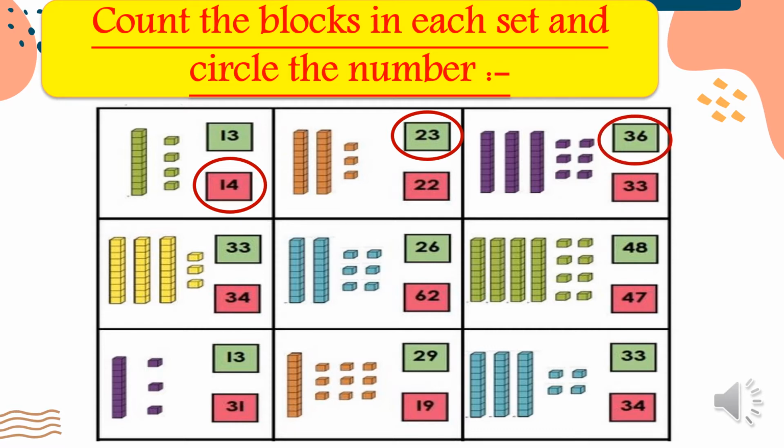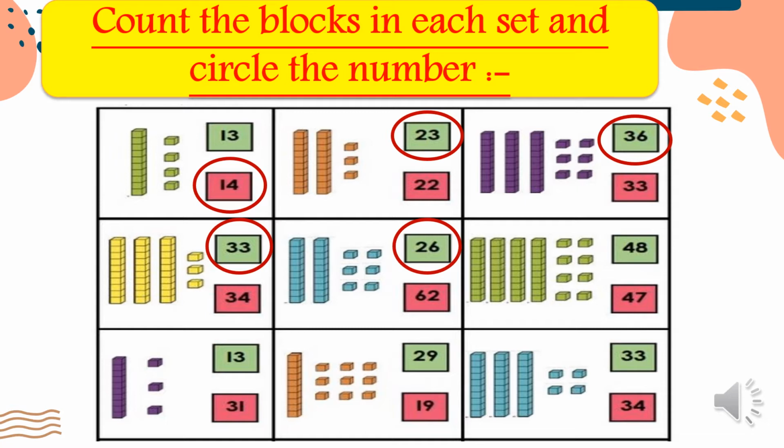Next, I have here 1, 2, 3 sticks. So 3 in tens and 3 in ones. So the number will be 33. Okay, I have here 2 sticks in tens and 6 small squares in ones. So the number will be 26.